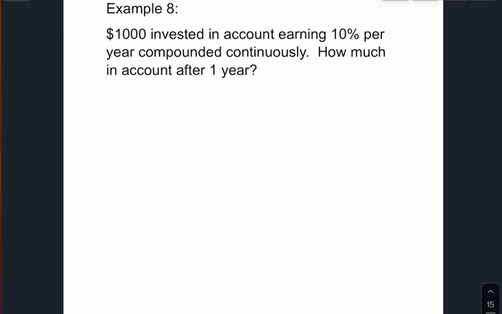So let's look at a business application with an e in it, and then let's look at one that's more of a physical science problem. Okay, so anyway, if you see a problem and it lists this compounded continuously, if you see the words compounded continuously, that tells me that I need to use the PERT formula.